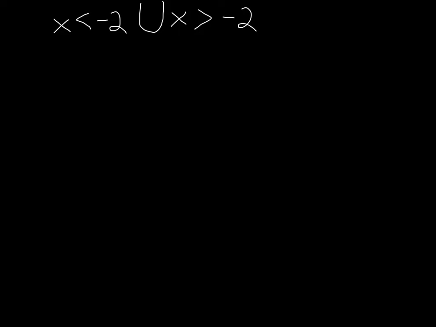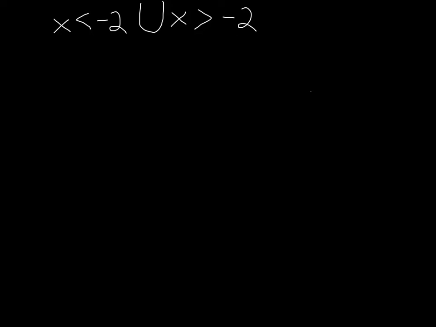There's no way to say, for example, how would we do this? Negative 2 is greater than x is greater than negative 2. No, that's not quite right, because that doesn't really make any sense.